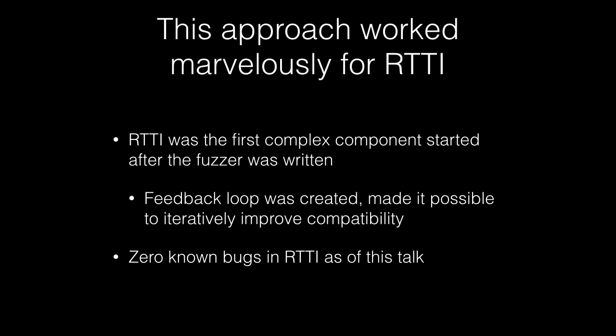We were able to very quickly iterate on exactly what each of the undocumented bits in some bit field did, or what behaviors were supposed to occur. It was actually really marvelous. I don't know of any bugs in our RTTI implementation. We have not had any reports. I've run the fuzzer millions of times by now, and still nothing. It looks like it's correct.